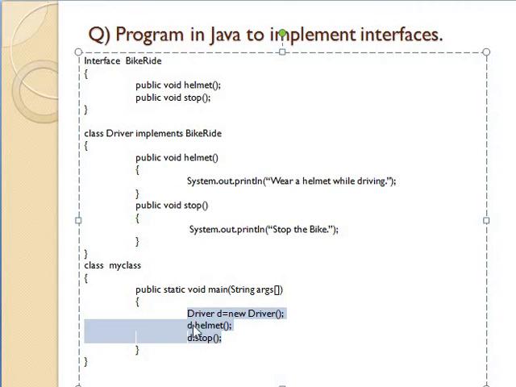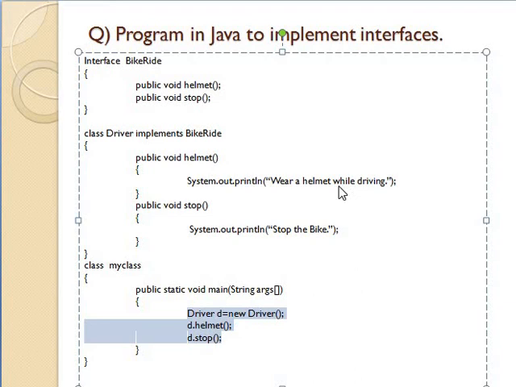So the control now shifts from here to the method helmet inside the class driver, and then it comes inside the body of this helmet method and executes the Java statement, system.out.println. Within the brackets there is a text, wear a helmet while driving, within inverted commas.